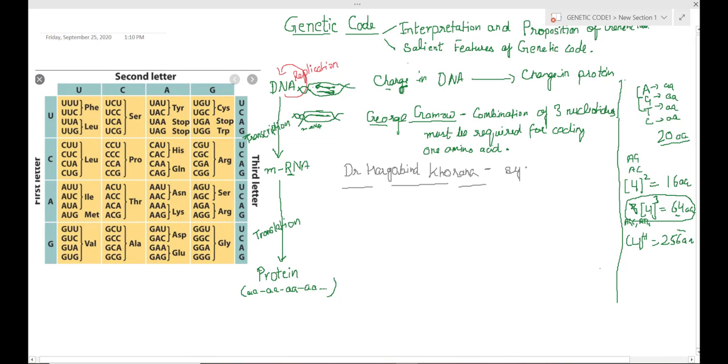He synthesized RNA polymers with defined sequences, which can be homopolymers or copolymers. That played a key role in deciphering the code.